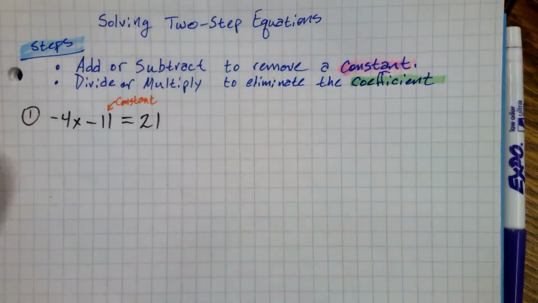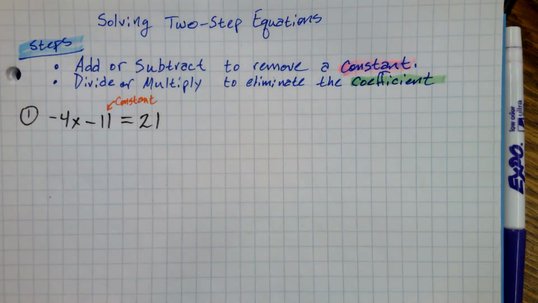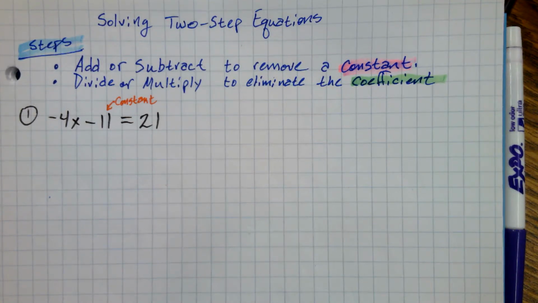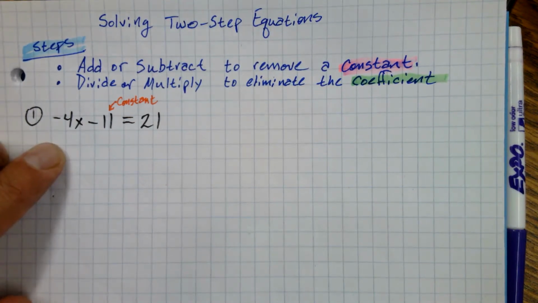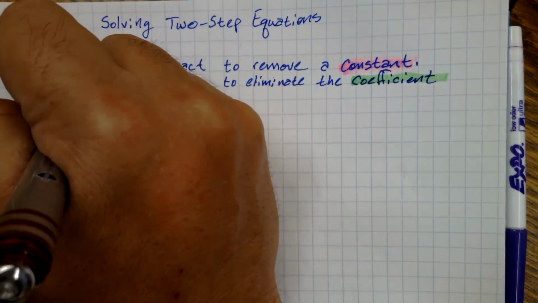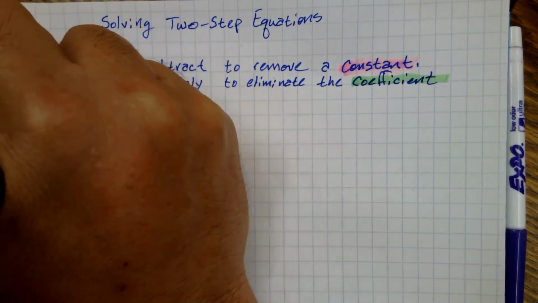You know how I usually find it? I find the coefficient first. Obviously, which number is the coefficient? Negative 4. It's always the number that's being multiplied or divided with a variable. Okay? So here's the coefficient.